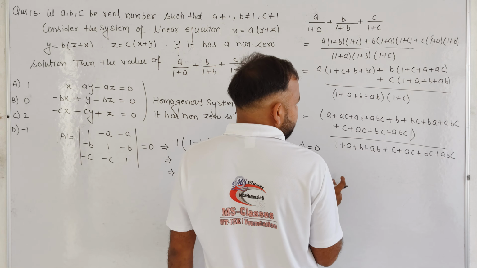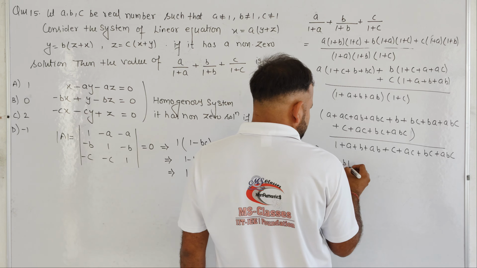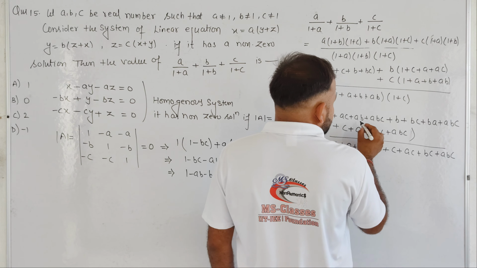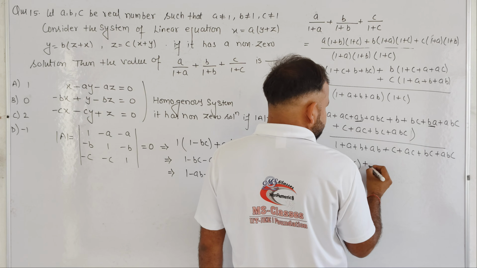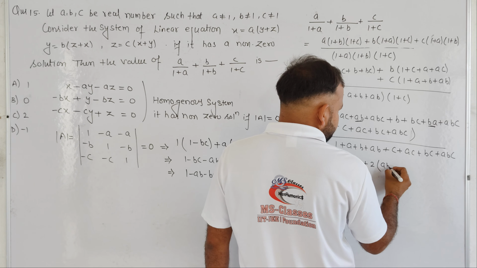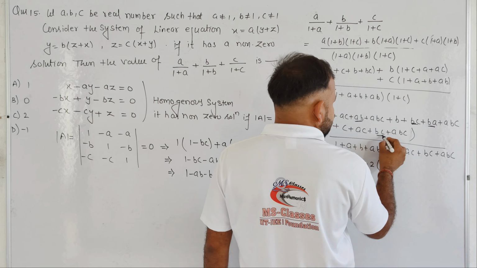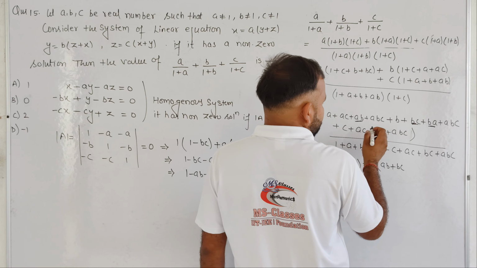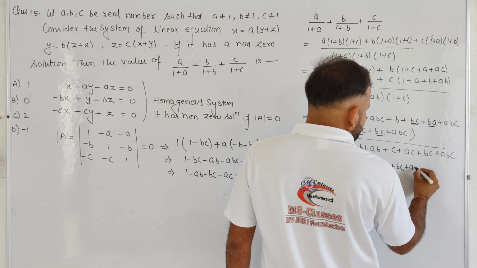Student, you can see easily that basically a plus b plus c, all things are combined. And you can see ab and ab, that is 2 times ab. You can see bc and bc is also 2 times bc. ac and ac, that is also 2 times ac.